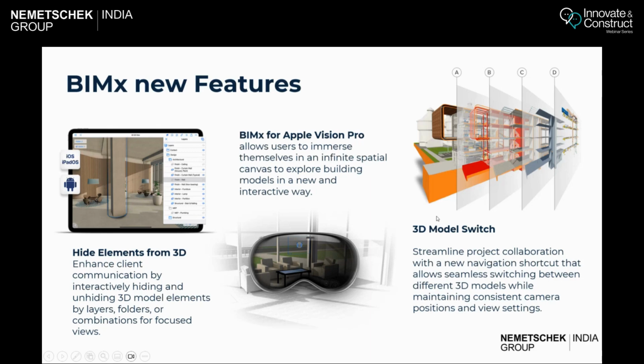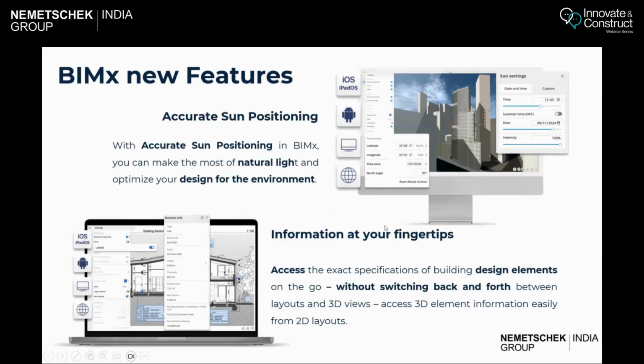There is also a new option where I can compare these 3D models. And then I can also get accurate sun positioning if I enter the latitude and longitude of the site location.